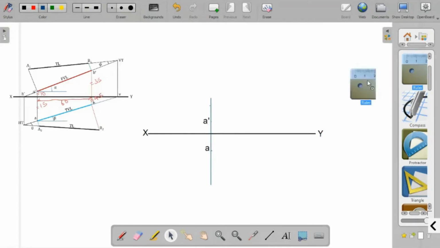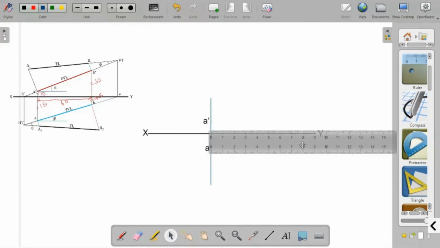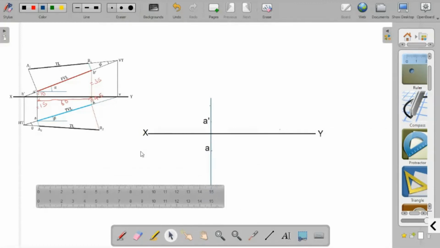Now at 60 millimeter from this line, draw another line.